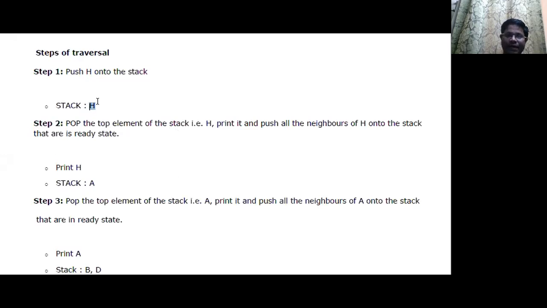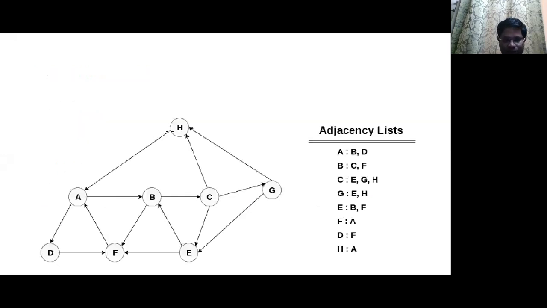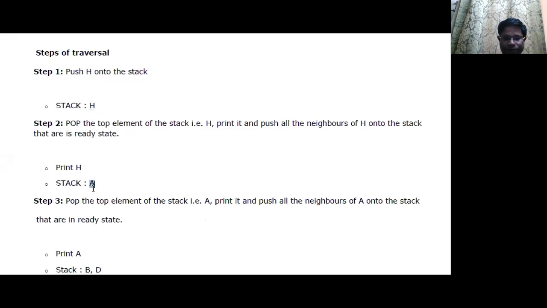So after printing H, we have to push the neighbors of H into the stack. How many neighbors of H are there? H has only one neighbor, that is A. So A is added to the stack. Again, in the next step, we have to pop the element at the top of the stack.